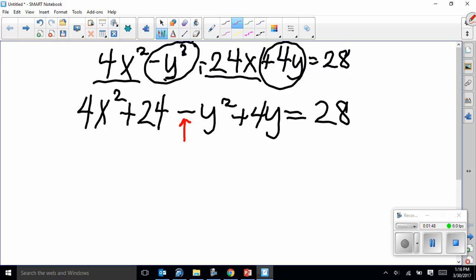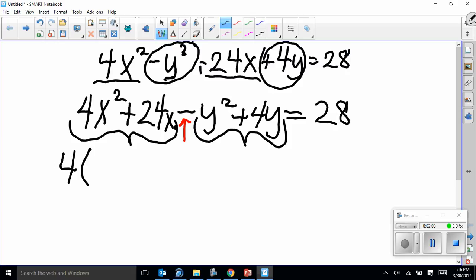So let's go ahead and grab my x. So we'll complete the square for our x's and complete the square for our y's. So here we can take out a 4 from our x's. So we'll try to simplify as much as possible first.